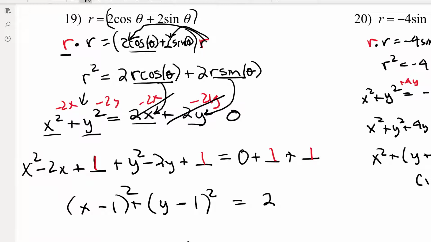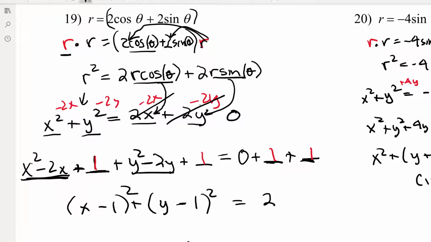So this zeroes out on this side. And when I subtract, I'm going to put the subtract 2x right next to the x squared. And then I'm going to put a plus blank, because for both of these, we're going to complete the square. And then y squared, I put the subtract 2y next to the y squared plus blank equals 0 plus blank plus blank.